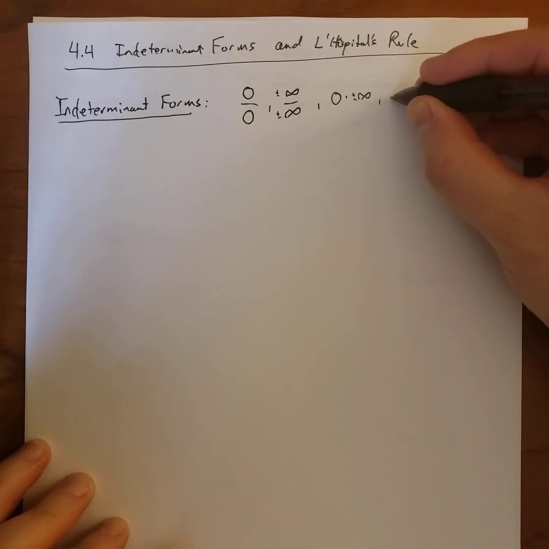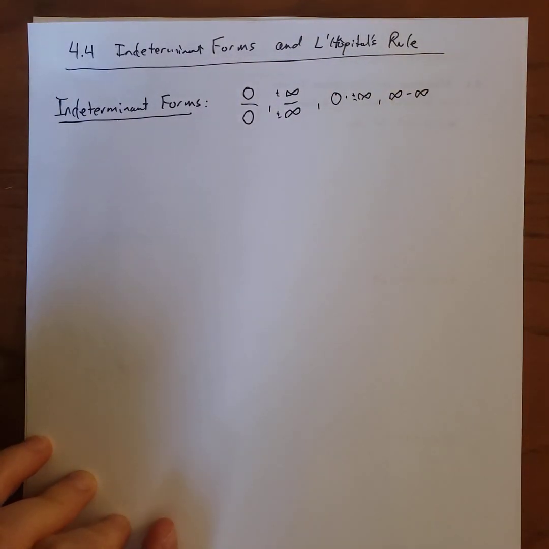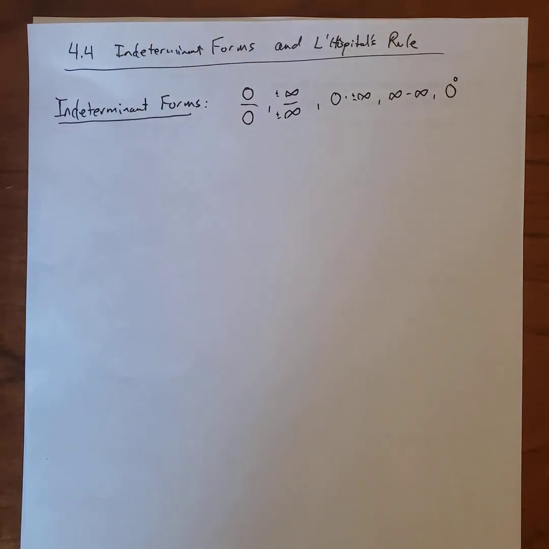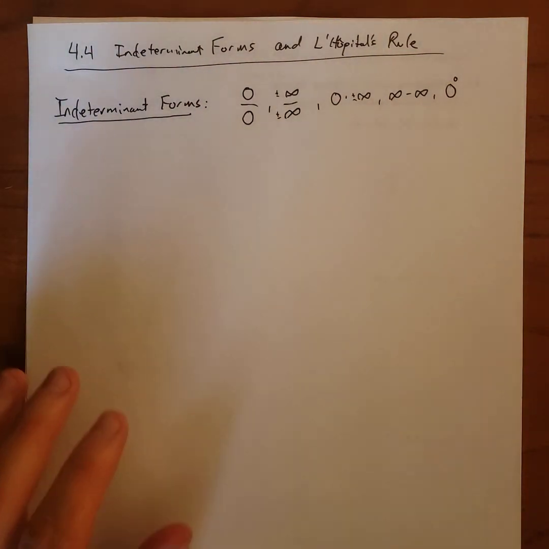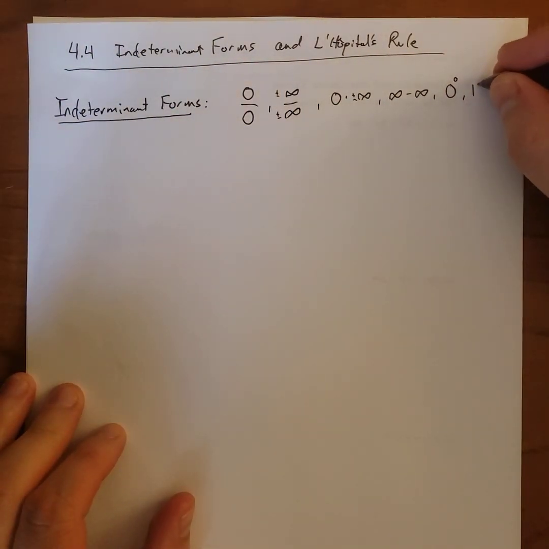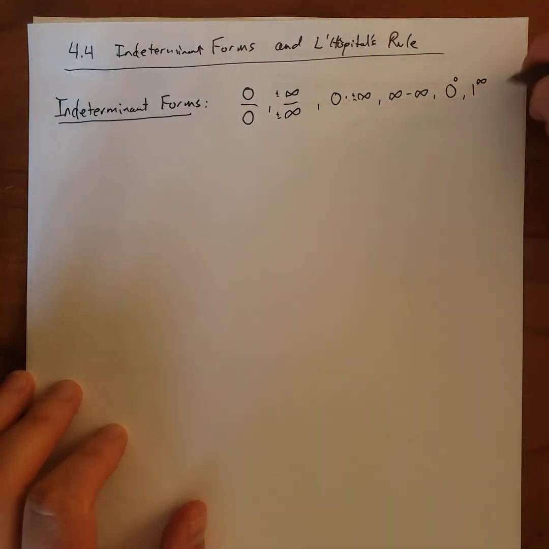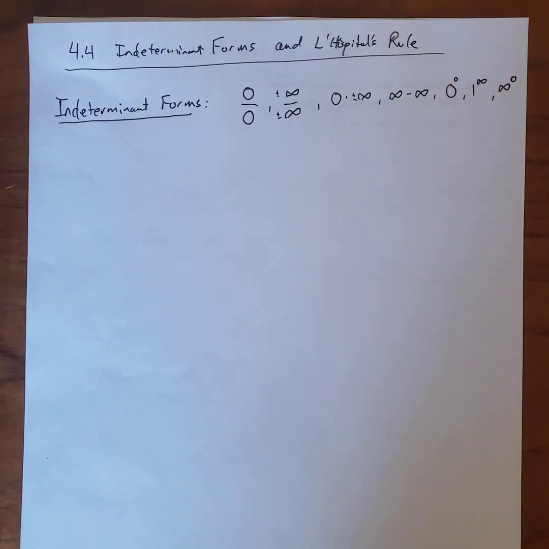If you have two functions that you're subtracting and they both go to infinity, that's indeterminate. And we have three power versions. We have 0 to the 0, so if you have a function raised to another function, both of them going to 0. If the base goes to 1 and the exponent goes to infinity. And finally, if the base goes to infinity while the exponent goes to 0.